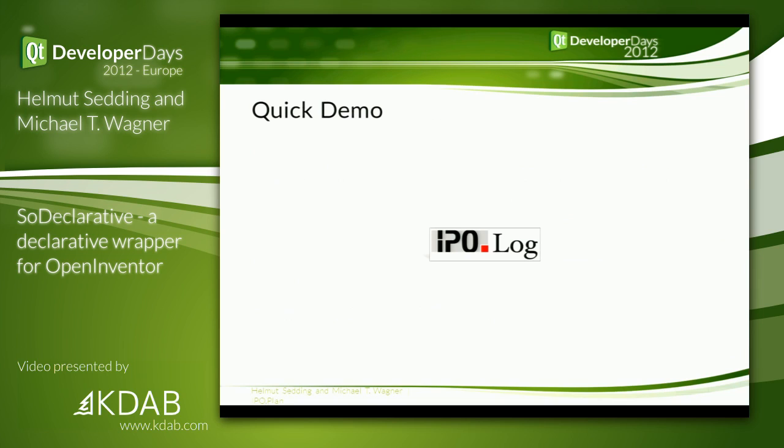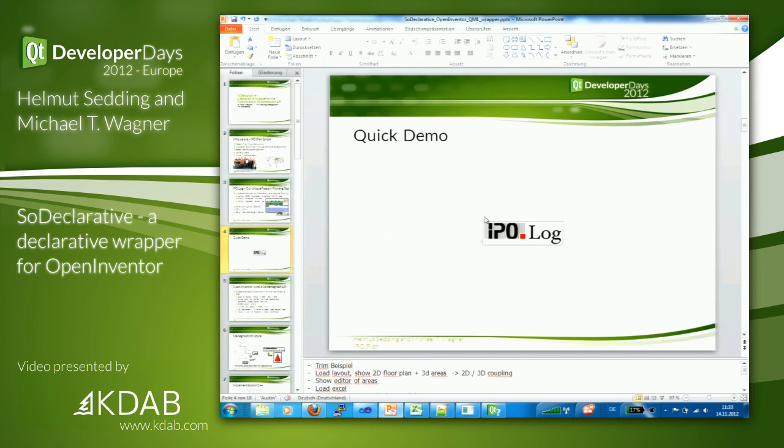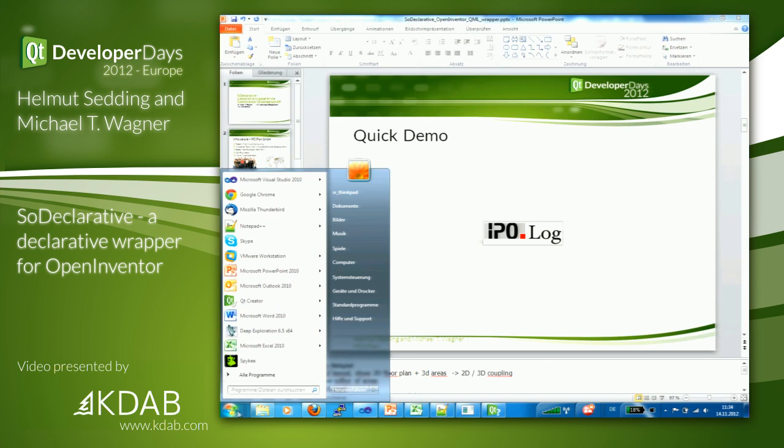So let me just show our software a little, so that you get the impression. Yesterday there was a talk of Helmut Sedding, my colleague, who gave you an explanation of the QML side of things. And today I'm going to show you a little more about the 3D side of the application.